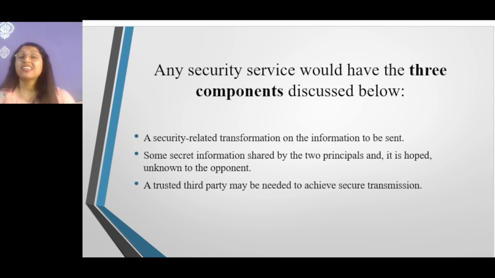For example, what is the trusted third party? It may be responsible for distributing the secret information to the principals, and whatever information it distributes to the two principals, it will protect from the opponent. And whenever there is a dispute, it will arbitrate the dispute between the two principals.